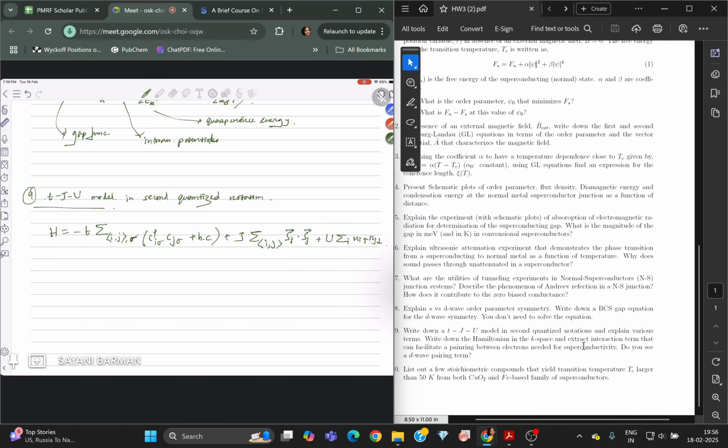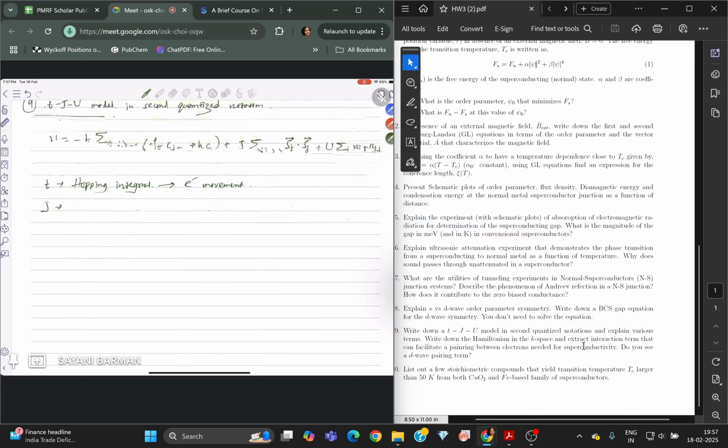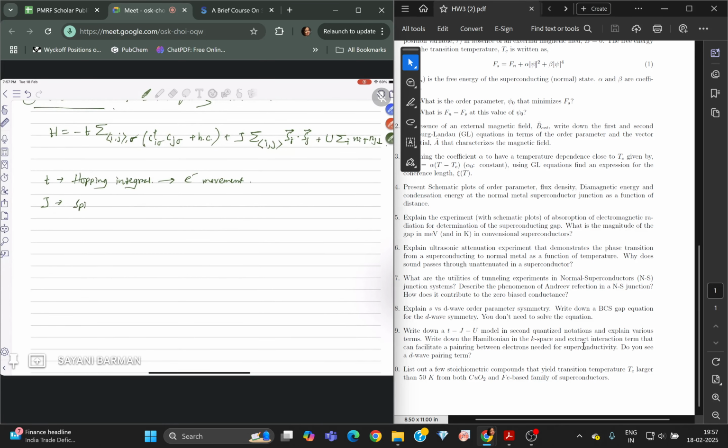and now I'll explain. t is the hopping integral describing the electron movement. Now J is the spin exchange interaction.